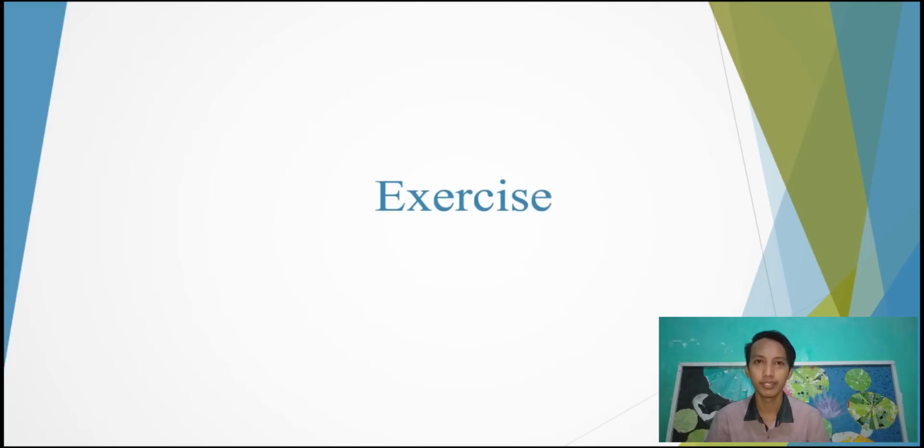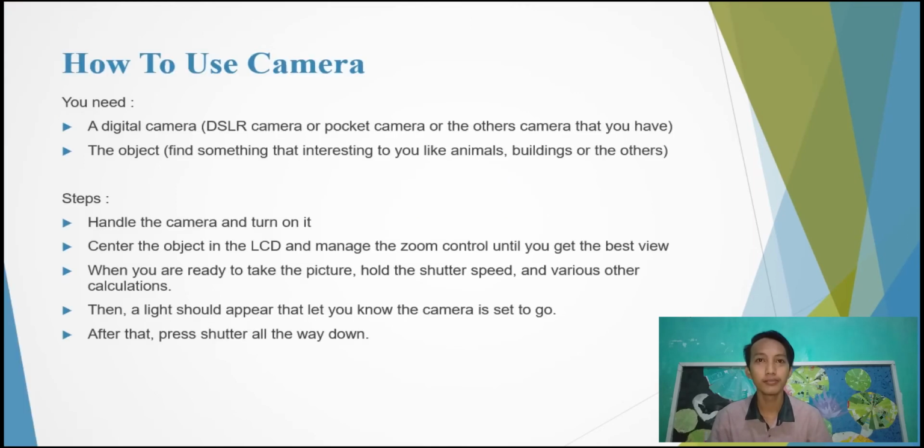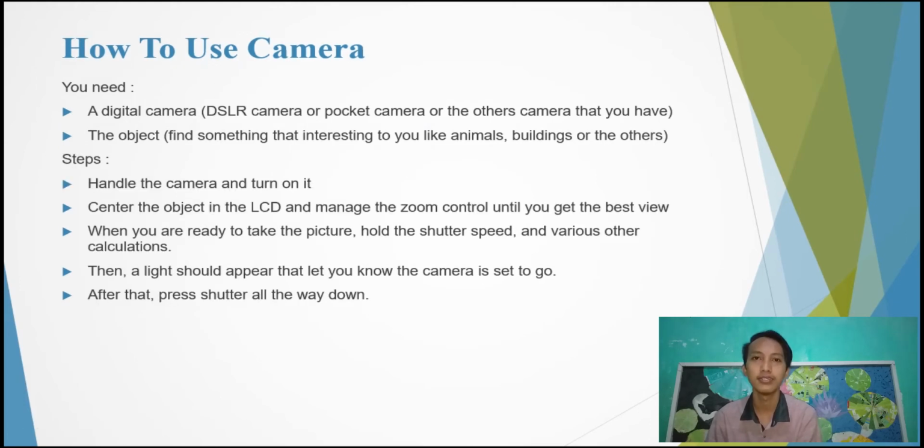This is our exercise about procedure text. The title is how to use a camera. You need a digital camera, the SLR camera or pocket camera, or the other camera that you have, and then the object. Find something that's interesting to you, like animals, buildings, or the others. Then you can see the steps.